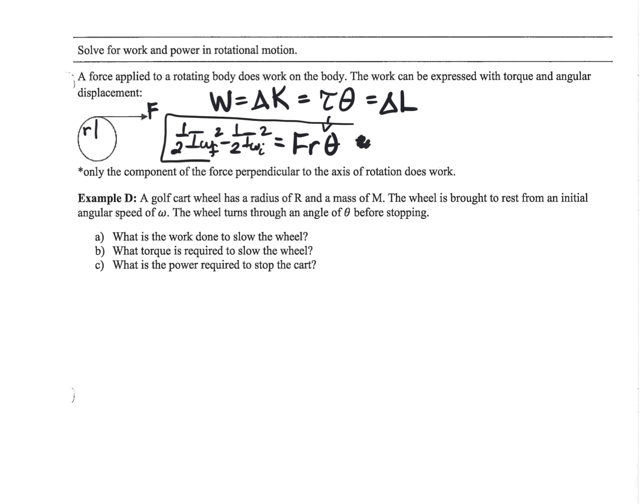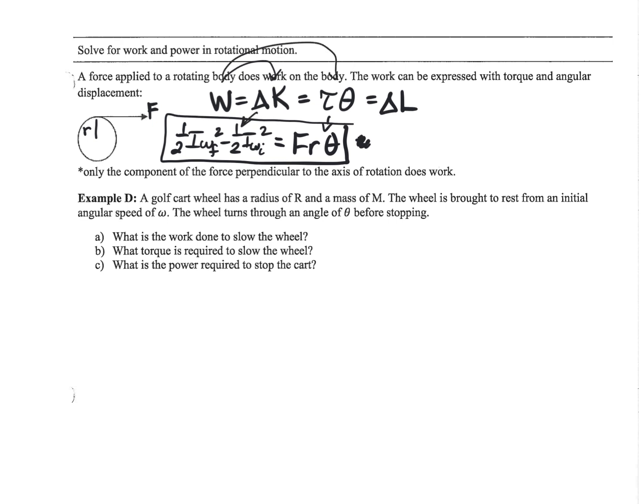So this is kind of interesting right here. That's pretty cool. So now we have a way to look at this. We have 3 different ways really to look at this. We can take work and relate it to the change in kinetic energy, which is this.